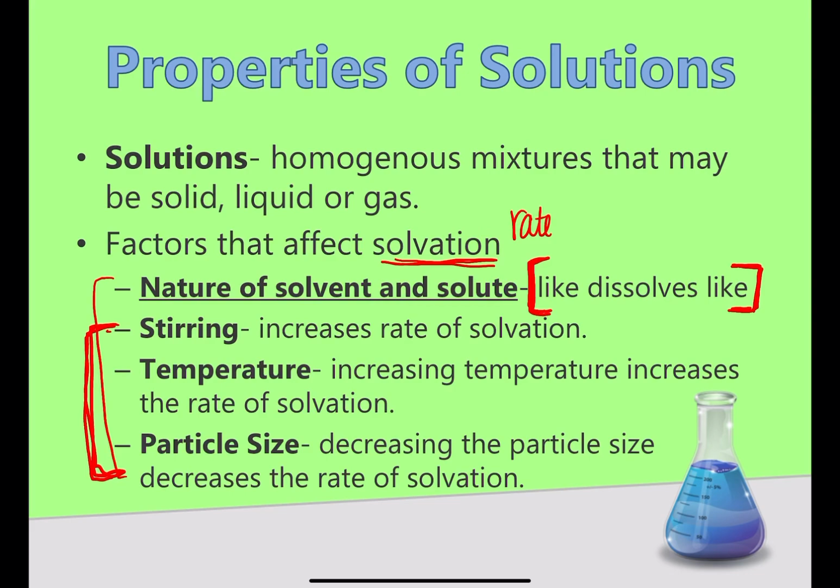Stirring increases the rate of solvation. You can stir oil and water until your arm falls off, but that will not make it dissolve. So if it's not going to dissolve, stirring is not going to help it. That's why I'm highlighting these here and saying it doesn't affect whether it's going to dissolve, but it's just going to affect the rate at which it will.